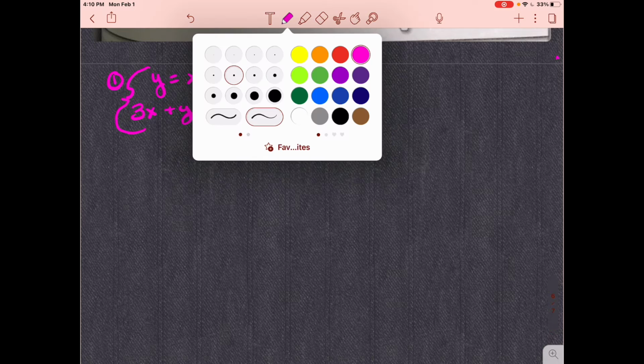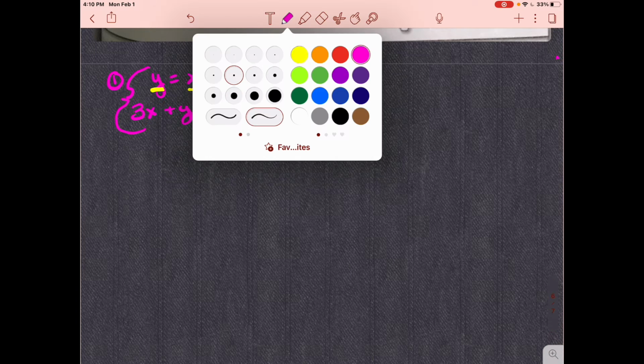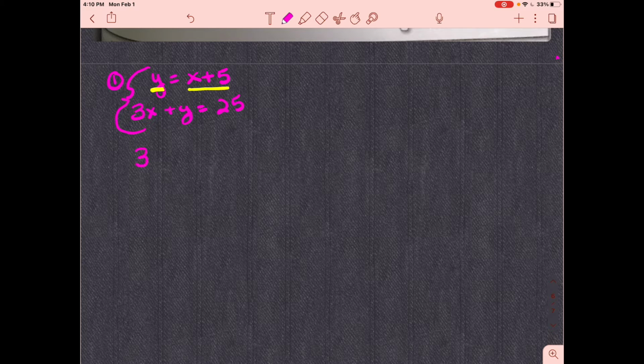All right, so this one is already set up the way we want it. Y is by itself, and y equals x plus 5. So what I'm going to do is I'm going to use the second equation, and I'm going to plug in x plus 5 instead of y.